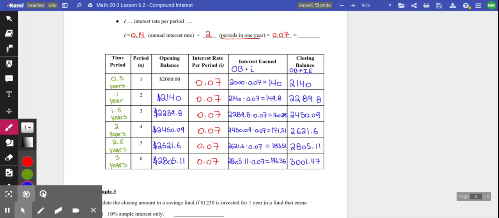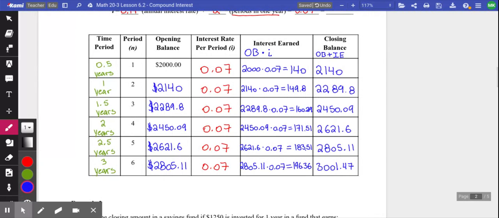So if you did that, you should have got this as your chart. You should have been taking your opening balance, multiplying it by your interest rate to find out how much interest you're getting charged for that period of time, and then getting a new closing balance by adding the opening balance with that interest. Your total amount of money in your account after 3 years was $3,001.47.